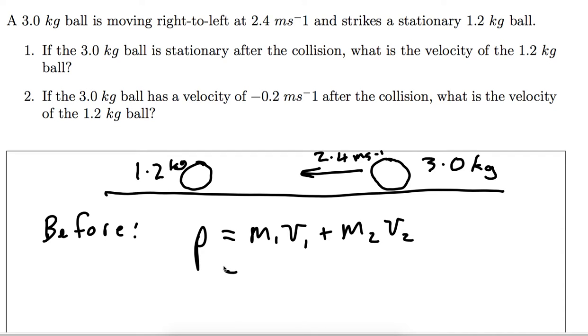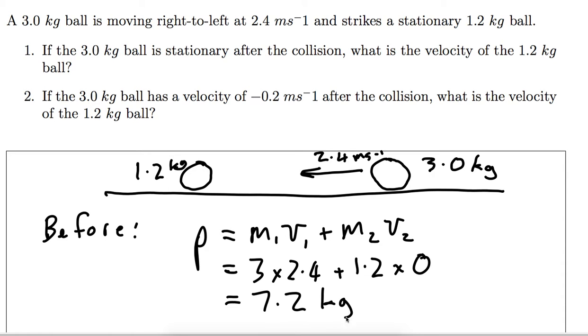So equals 3, the mass of the 3 kilogram ball, times its velocity, 2.4 meters per second, plus 1.2, the mass of the second ball, times its velocity, which is just 0, which makes that term go to 0. So the overall momentum is 7.2 kilogram meters per second. Kilogram meters per second is the unit of momentum. There's not a simpler unit for that.